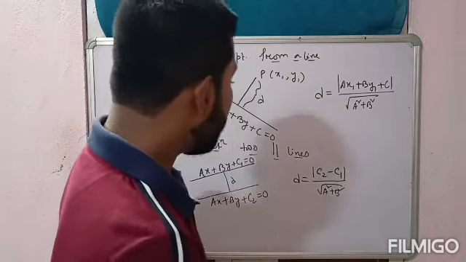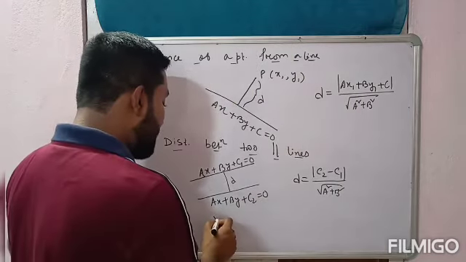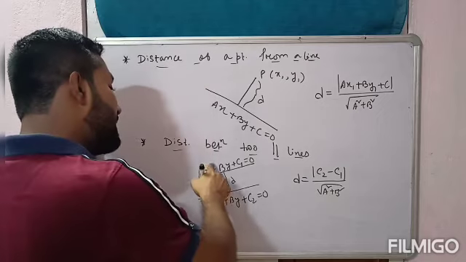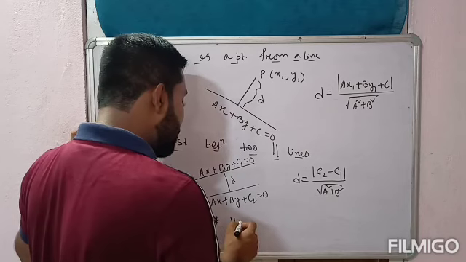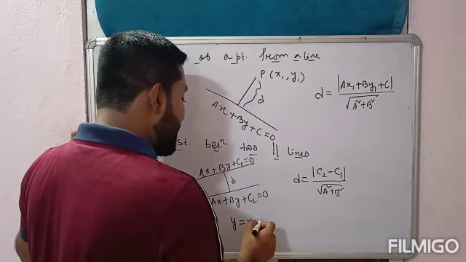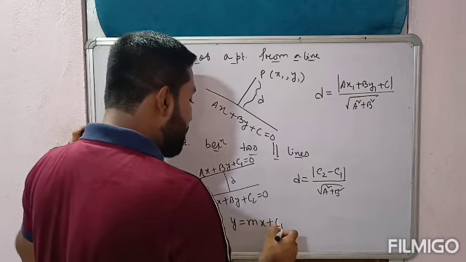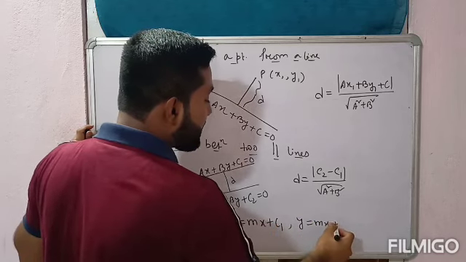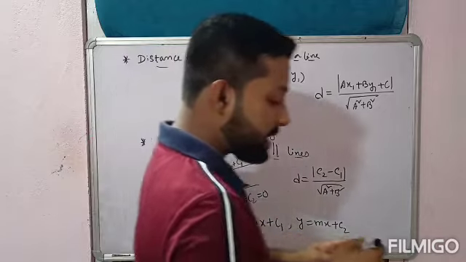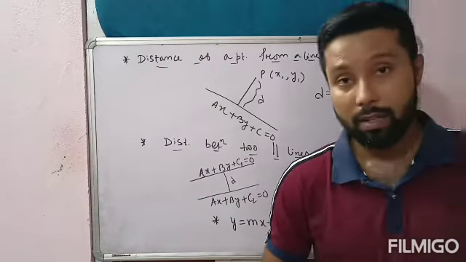So from here I learned one more point: if the equation of the straight line is not in this form, suppose the equation is y is equal to mx plus c1 and the second equation is y is equal to mx plus c2. That means the equations are in slope intercept form.